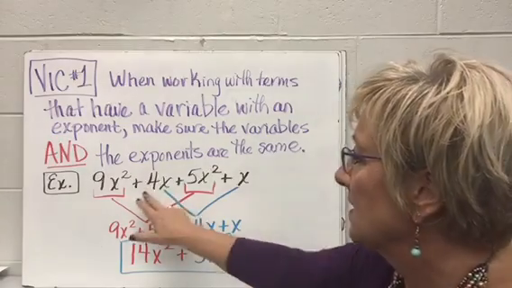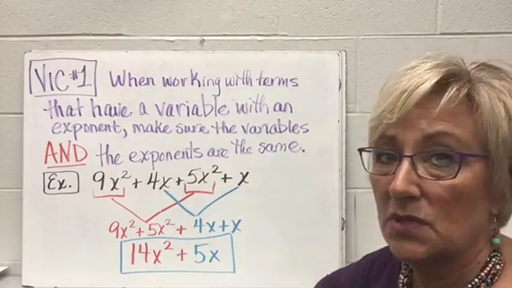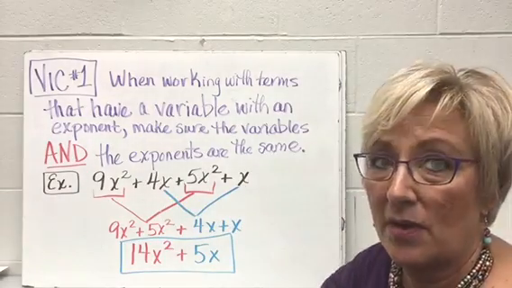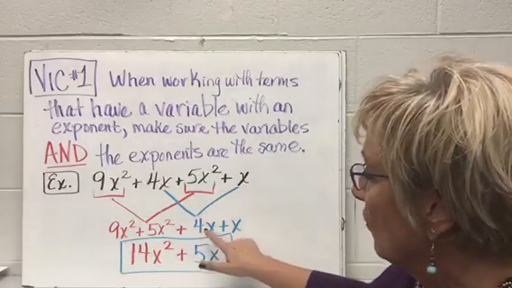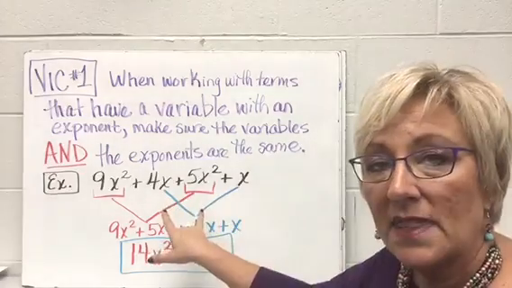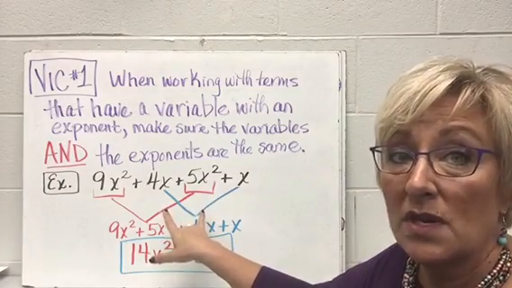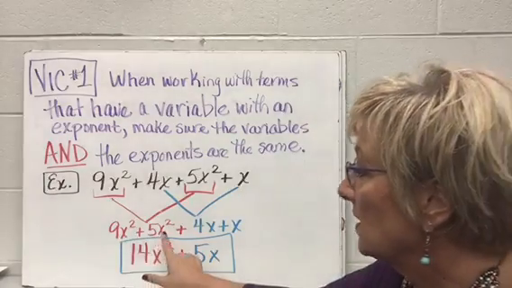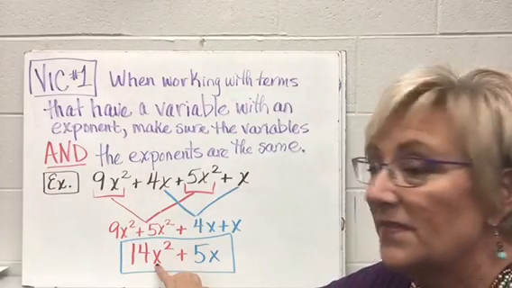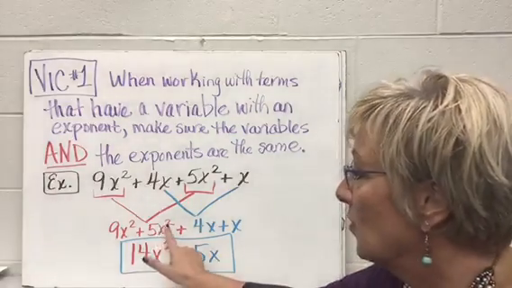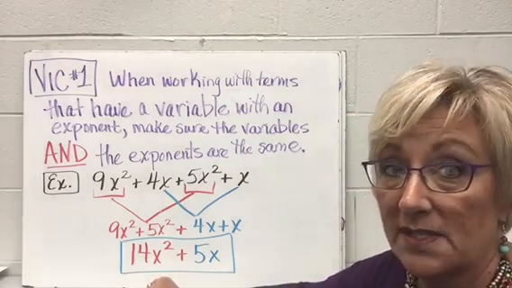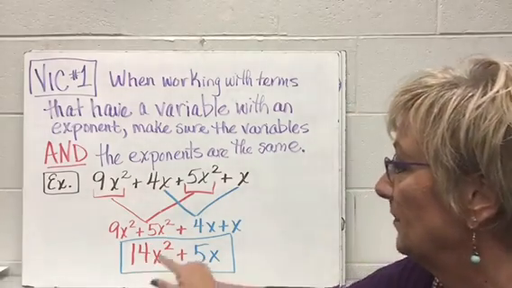I'm going to add because all of my signs are addition in between, and I know that 4x and x have the very same variable. So I'm going to add 4x plus x. Not even thinking about it, we have used the commutative property of addition. So when I add 9x squared plus 5x squared, it will give me 14x squared. I keep the variable and the exponent the same and add my coefficients, 9 and 5, to get 14.